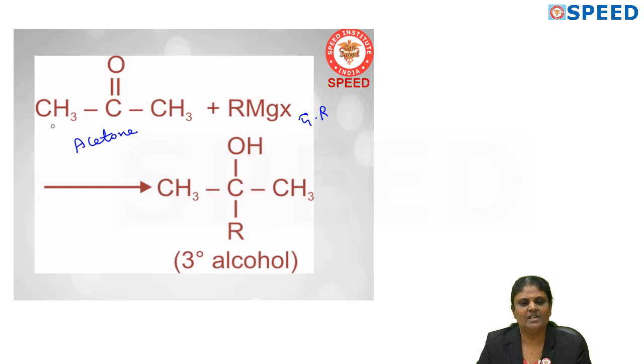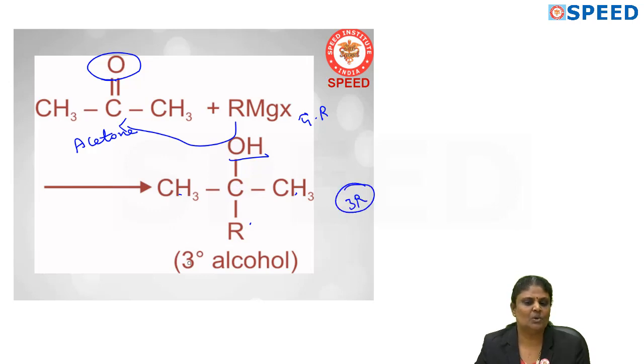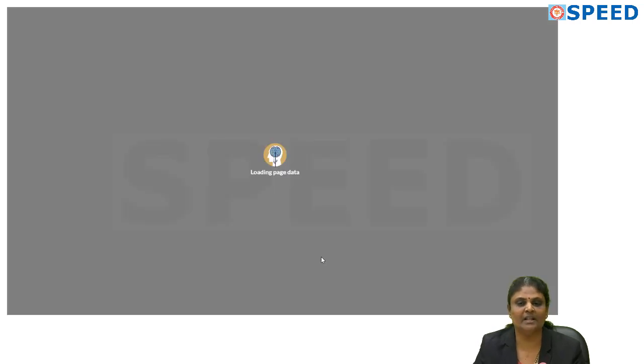Okay, so this CH3 C double bond O CH3 group. So this double bond O group is converted into OH and then this R group goes and attaches to this one. So you get 3, okay, so here 3 R groups are present. So this is called a tertiary alcohol. So tertiary butyl alcohol is the correct option.